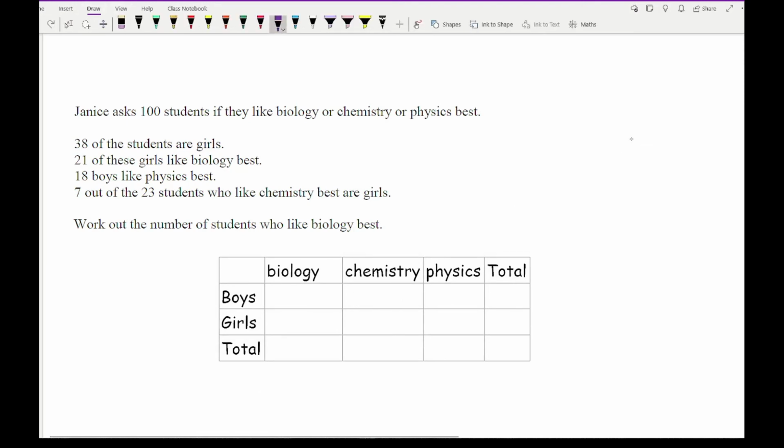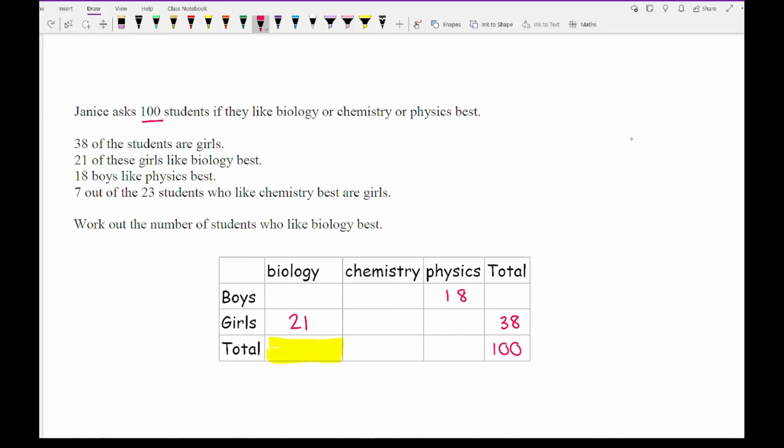First things first, what are they actually asking me? They're asking me to work out the total number of students who like biology best, so it's this box here, which is my final answer. Let's look at the numbers. 100 students were asked in total. 38 of the students are girls, so the total number of girls is 38. 21 of these girls liked biology best, so that's 21. 18 boys liked physics best, so that's 18.